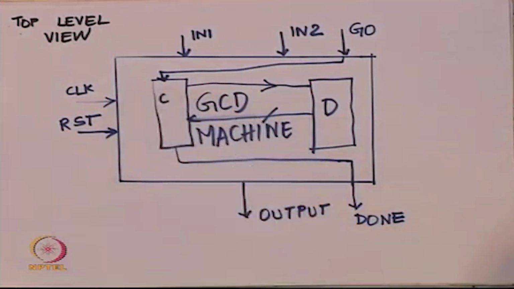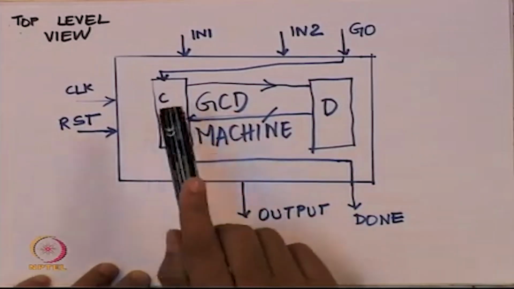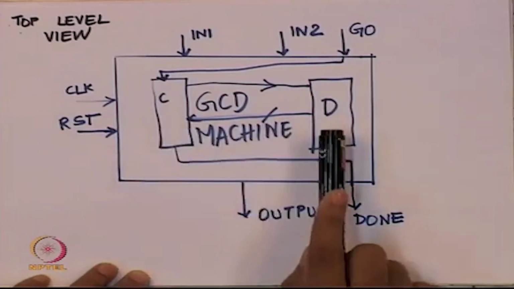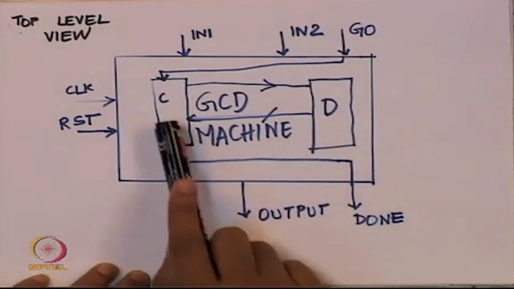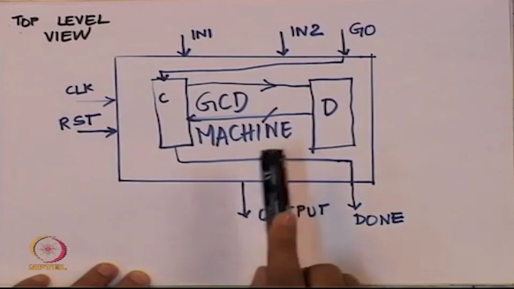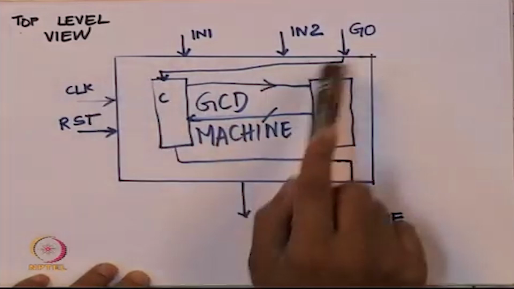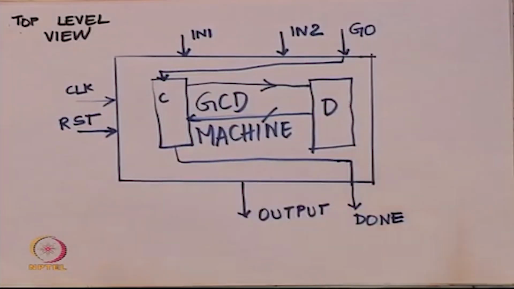So let's start the description. We are going to instantiate a controller, we are going to instantiate a data path, and we are going to connect all of them together with this interface description. And right now this is a top down view of what we are going to do, and this gives us a small problem at a time to deal with.